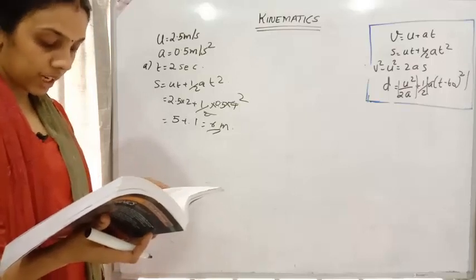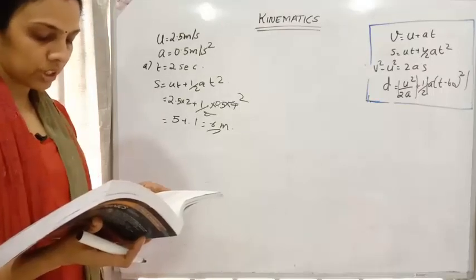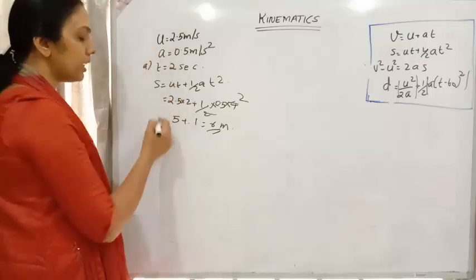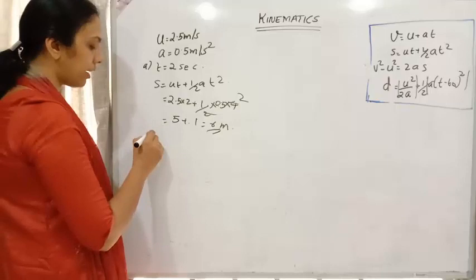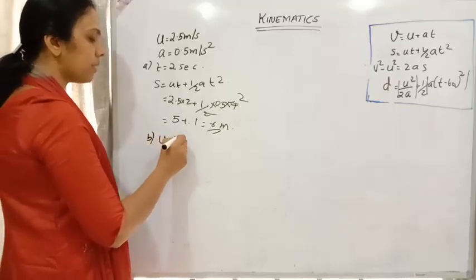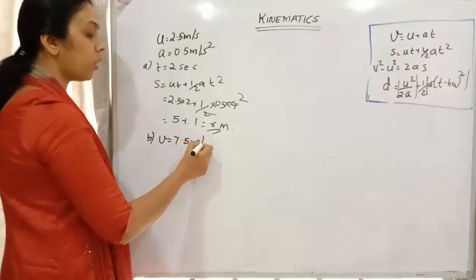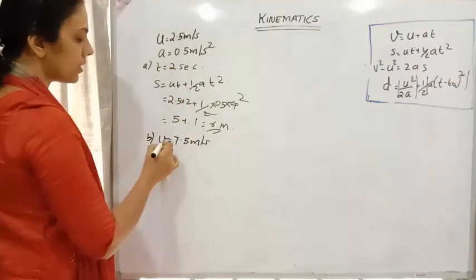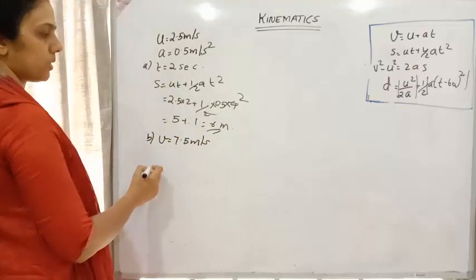How much time does it take to reach 7.5 meter per second? So to reach the final velocity of 7.5 meter per second, how long will it take? Here u is given, acceleration is given, final velocity is given.